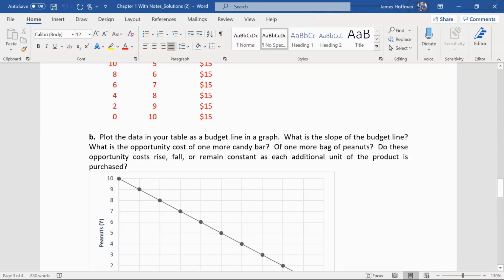Okay, and then the last part in part B is, do these opportunity costs rise or remain constant as each additional unit of the product is produced or purchased? So you can see that the budget line is linear, and each time you gain more of one good, you give up the same rate. So the rate of trade-off is always the same, or the opportunity cost is always the same.